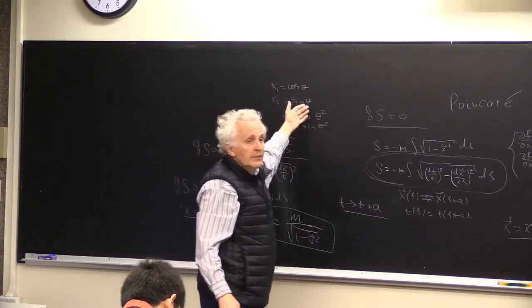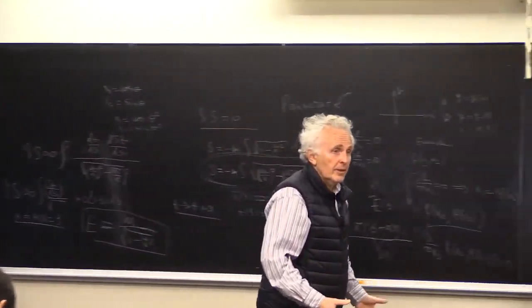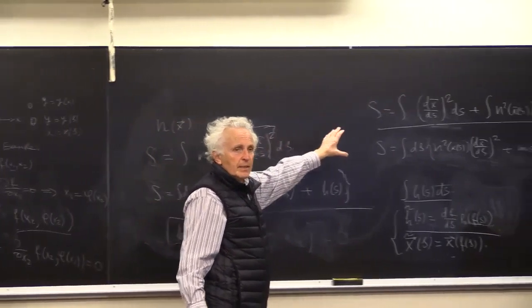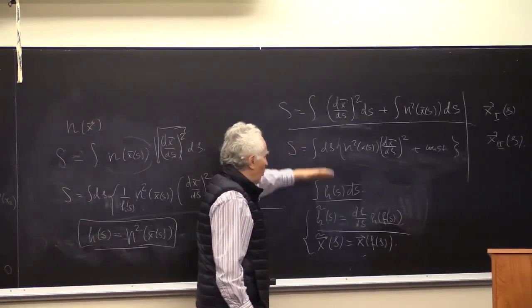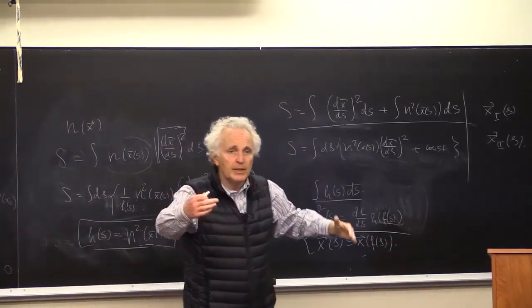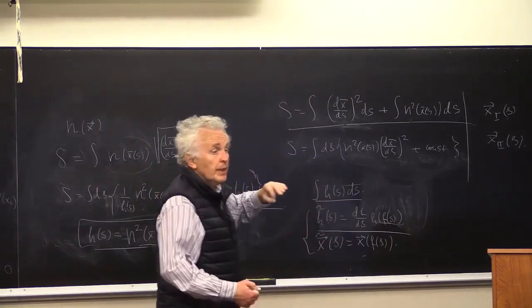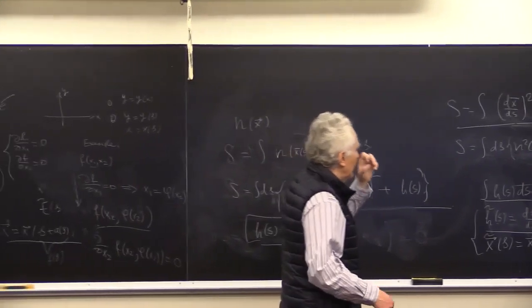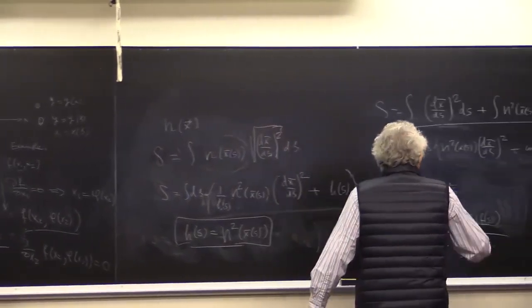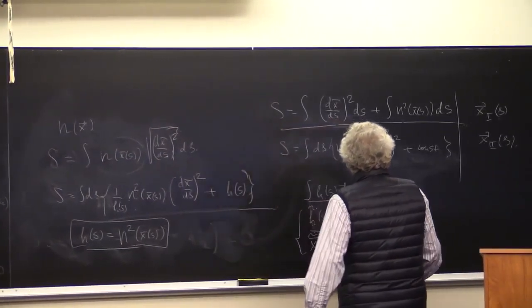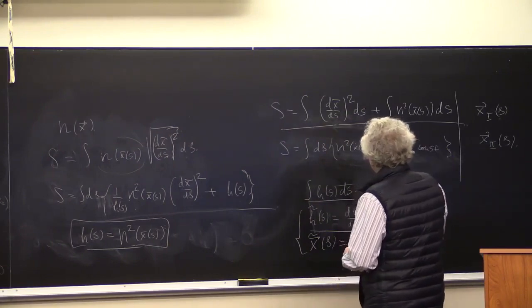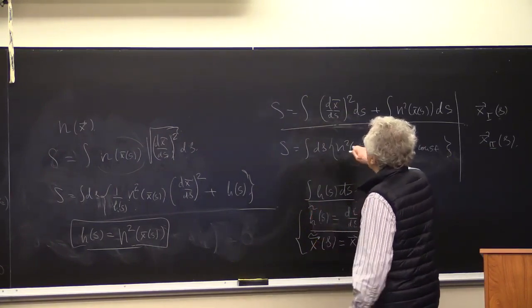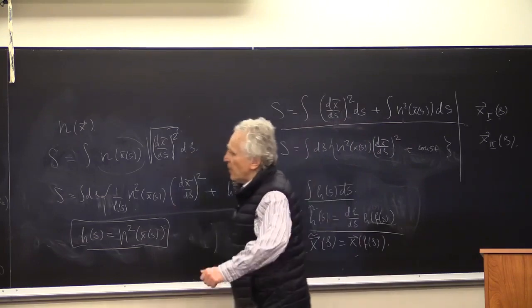The functions are totally different, but they describe the same circle. And in this sense, all these actions which you obtain by different gauge fixing describe the same curve, the same trajectory of a light ray, but differently parameterized.